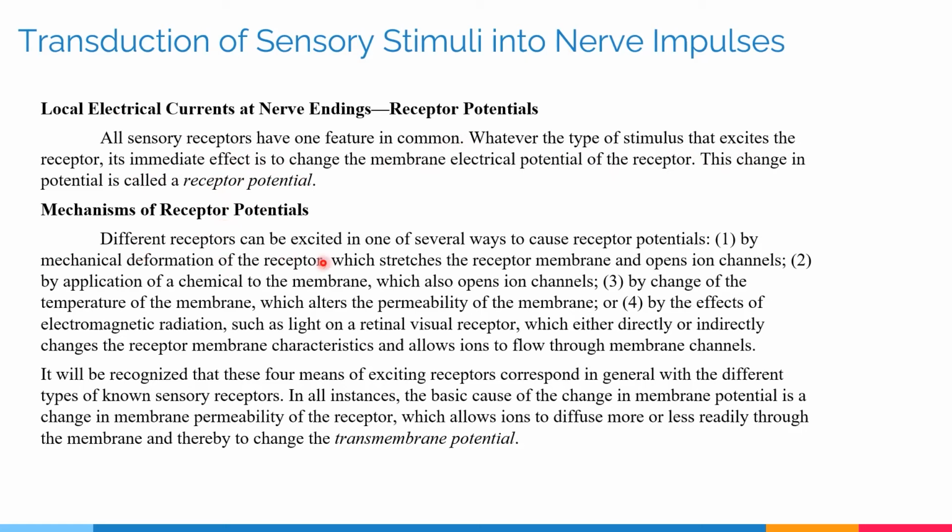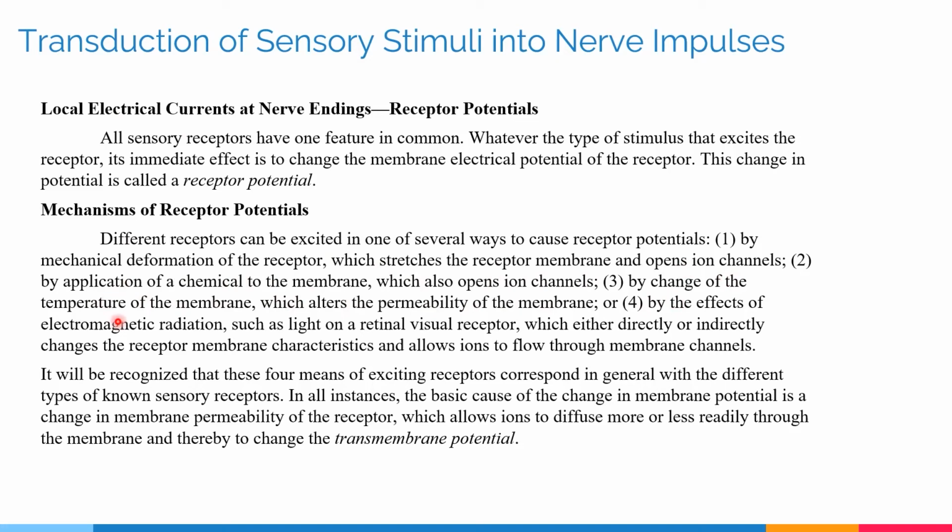Different receptors can be excited in one of several ways to cause receptor potentials. The first one is by mechanical deformation of the receptor, which stretches the receptor membrane and opens ion channels. By application of a chemical to the membrane, which also opens ion channels.